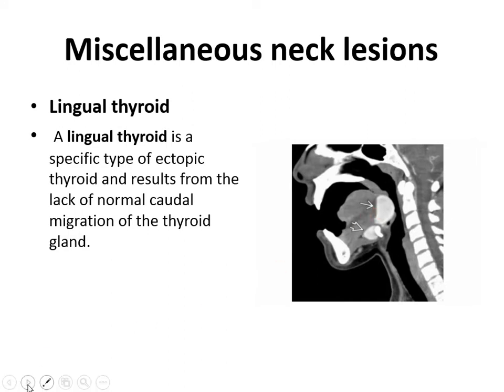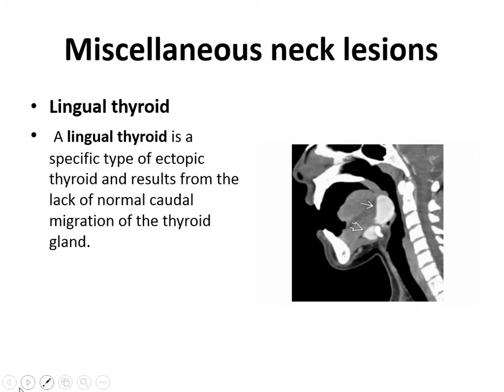Before that, if you have a patient with lingual thyroid or ectopic thyroid, what do you do before writing your report? The most important thing is you scan the normal thyroid bed in the neck. If there is a normal thyroid, you write thyroid present at the thyroid bed, okay?